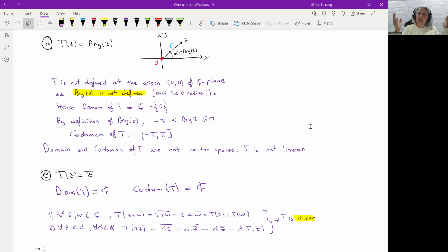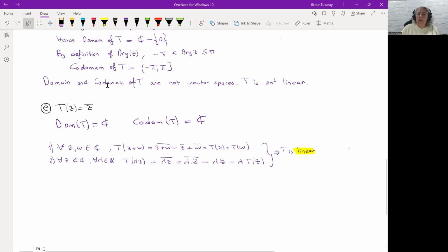If the inputs or outputs or both are not vector spaces, you cannot talk about T being linear or not. It is an illogical question after all. So that's the situation for this part.